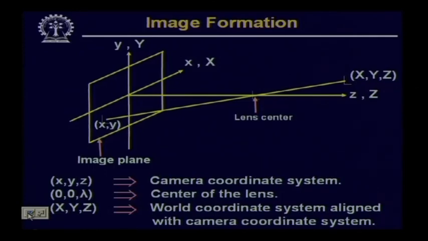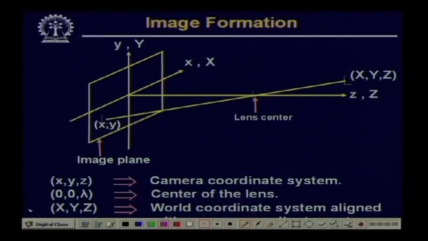One is the 3D world coordinate system, represented by capital X, capital Y, capital Z, and I also have the camera coordinate system which is given by lowercase x, lowercase y and lowercase z.